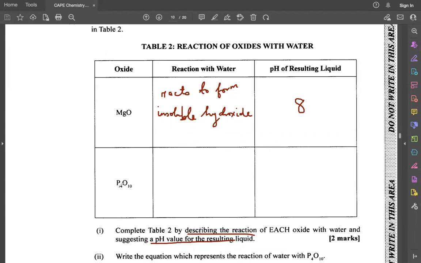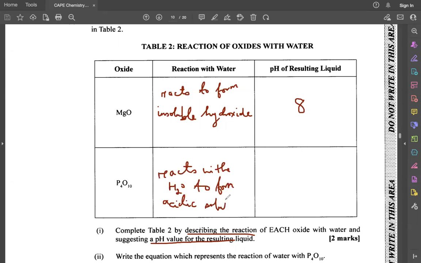And then when we look at P4O10, what's gonna happen is it's gonna react with water. So we're just describing the reaction at this point, right? So reacts with water to form acidic solution. So you can kind of see the distinction here, right? One forms an insoluble hydroxide, the MgO, one forms acidic solution.